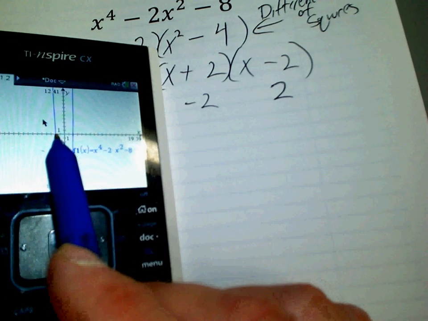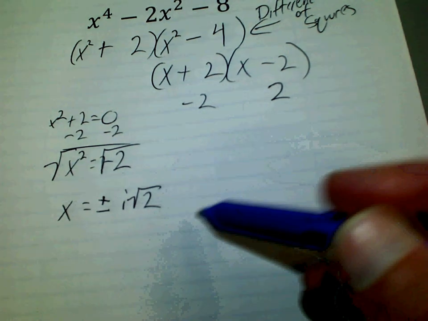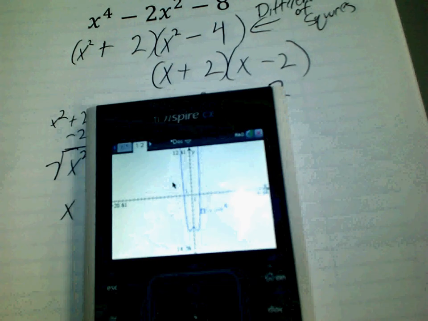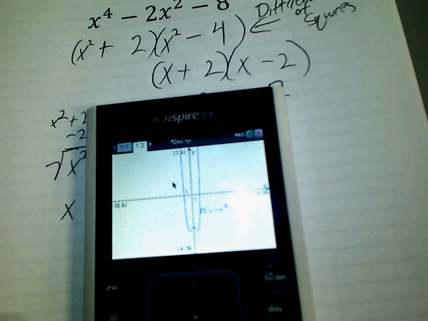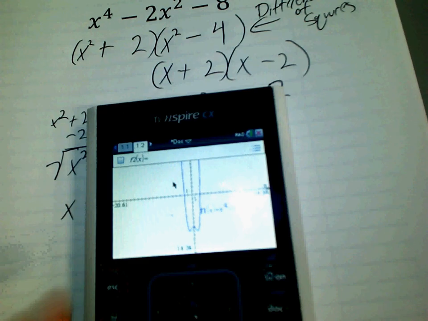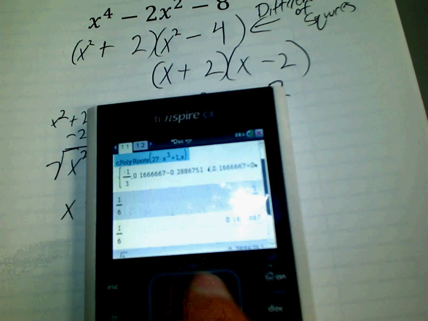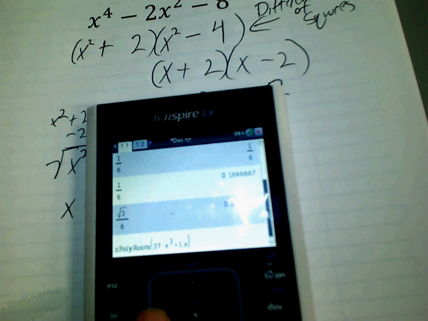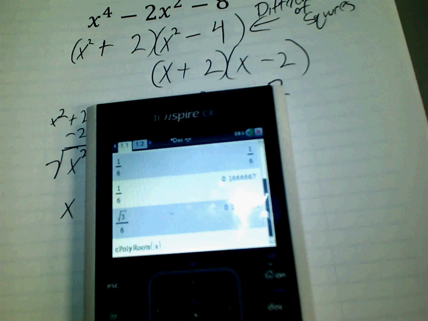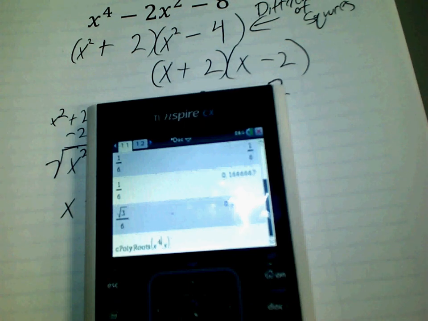Let's look at it the other way. Let's go to complex polynomial tools. Let's go x to the 4th minus 2x squared minus 8.